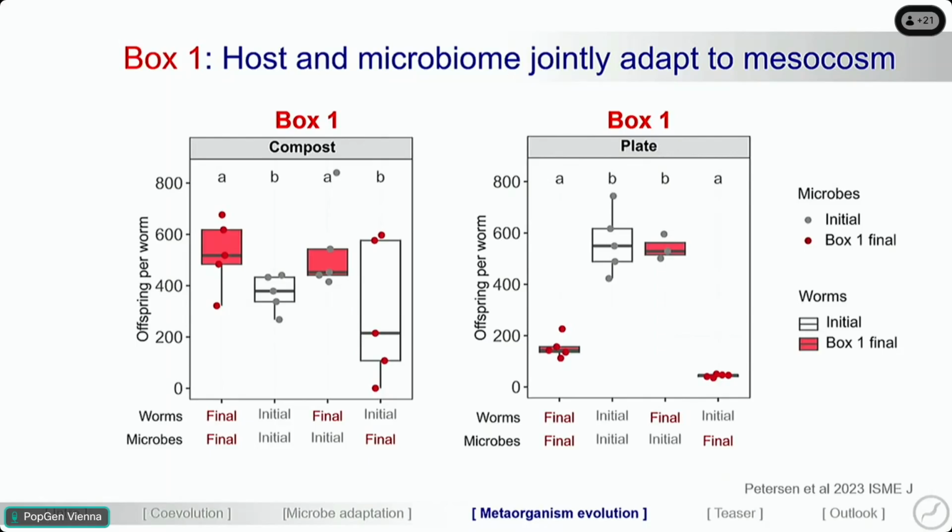And this for us and the field is generally important because it was the first experimental demonstration that both can contribute. That it's not only the microbiome that can mediate adaptation to a novel environment, but both the host and the microbiome can do this jointly.